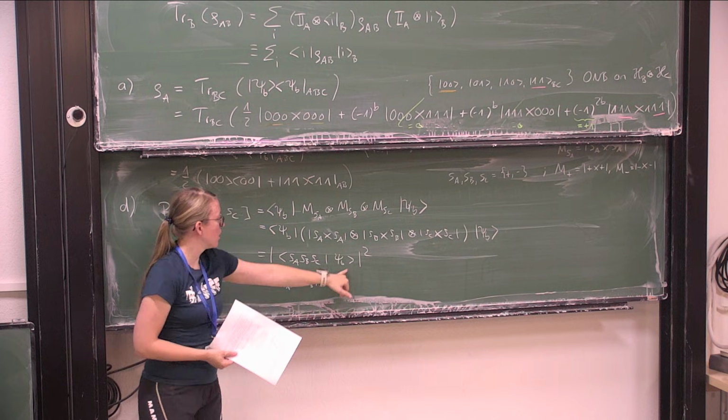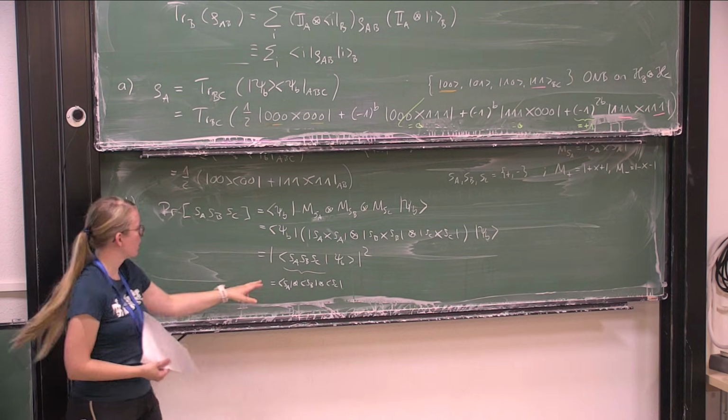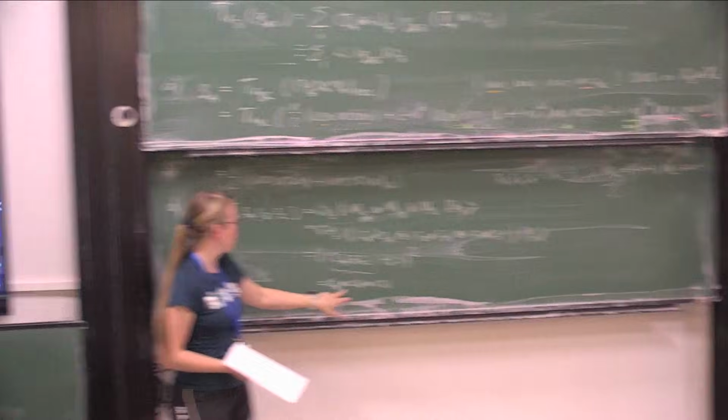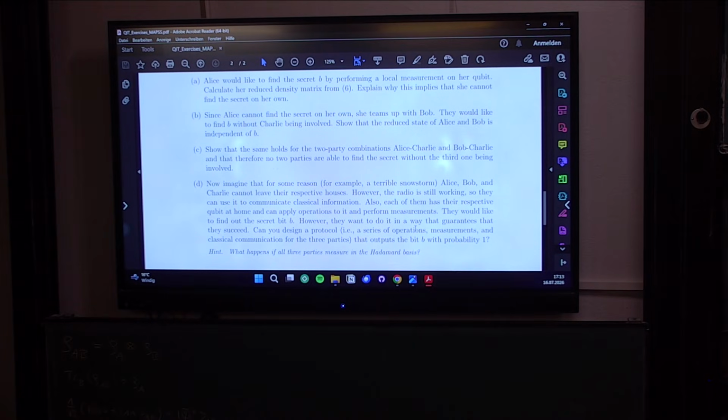That means we can look at this overlap between the state for the measurement outcomes and the state we started with, and see what we get for this.